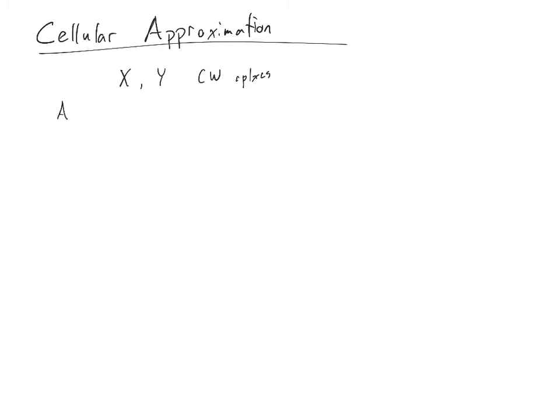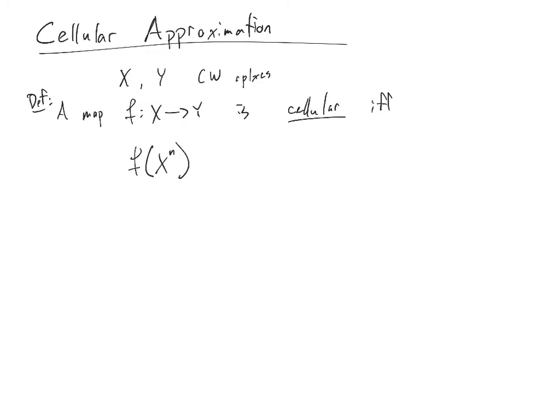Then a map, so let's say definition, map F, X to Y, is called cellular if and only if it takes X's n skeleton and maps into Y's n skeleton.